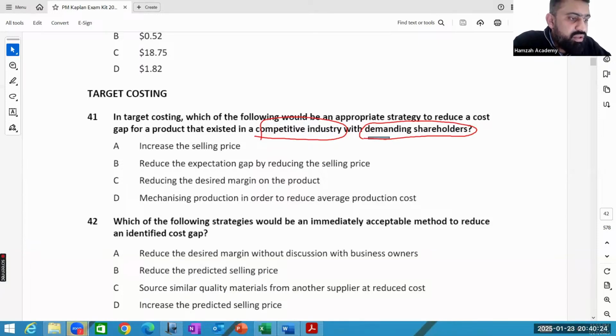Option B, reduce the expectation gap by reducing the selling price. Now, dear student, we are talking about the cost gap, and cost gap is the difference between expected cost and target cost. The cost gap has nothing to do with the selling price. So B is also not the answer.